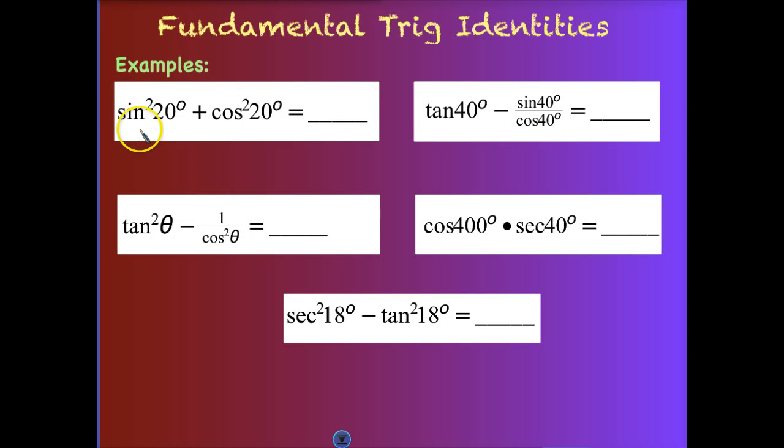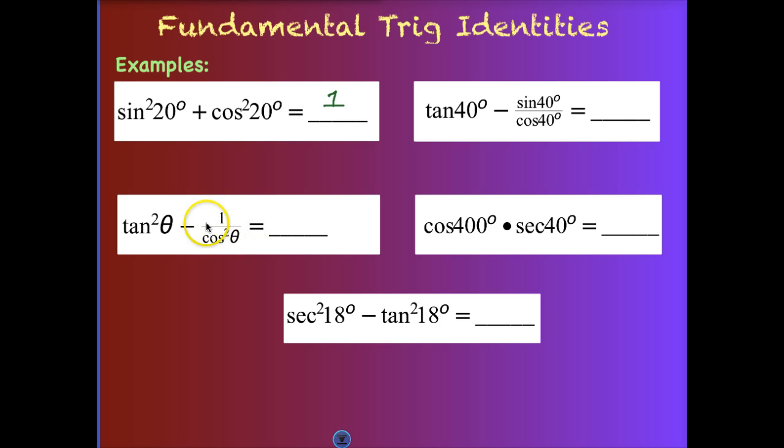Here's our first example. Sine squared of 20 plus cosine squared 20. What does that equal? Well, based on our sine squared theta plus cosine squared theta, we know that this simply just equals 1. How about this second one? Tangent squared theta minus 1 over cosine squared theta.